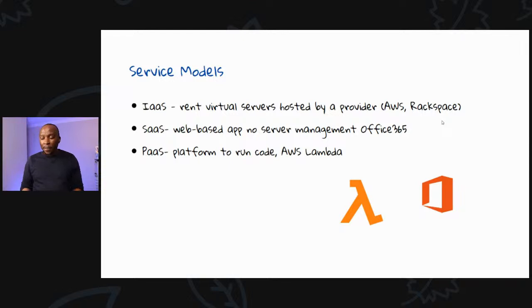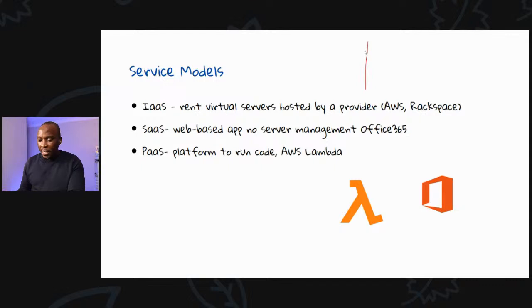Infrastructure as a service is when you rent virtual servers that are hosted by a provider. If you've been to a data center before, you have what is known as racks.